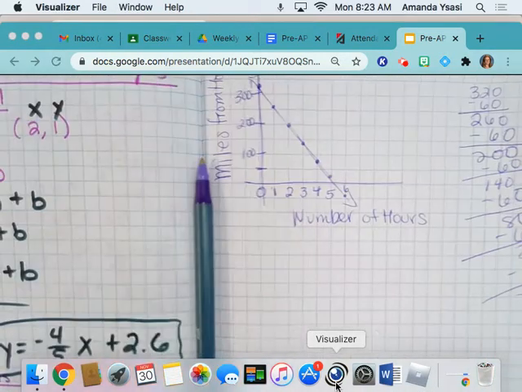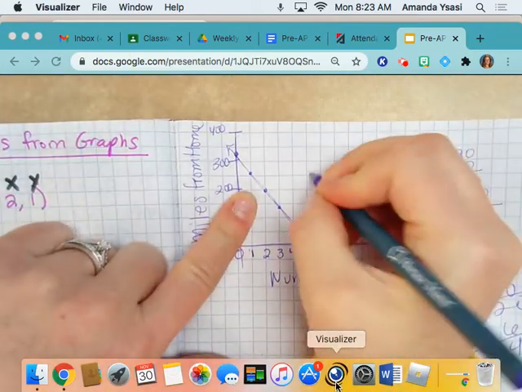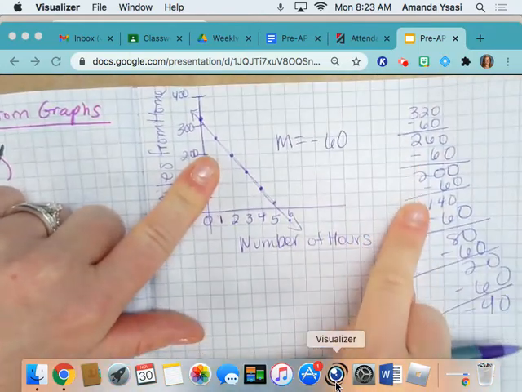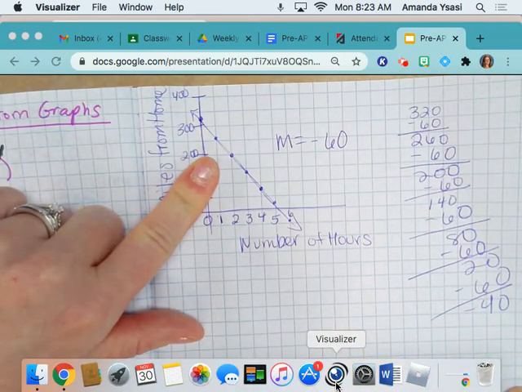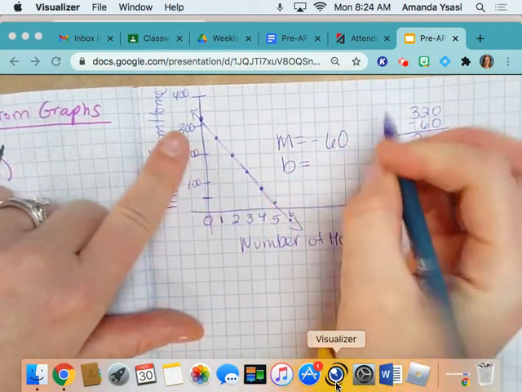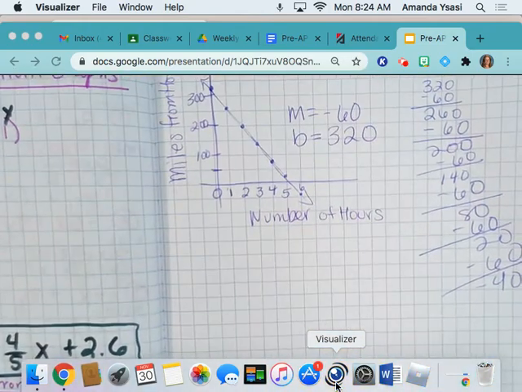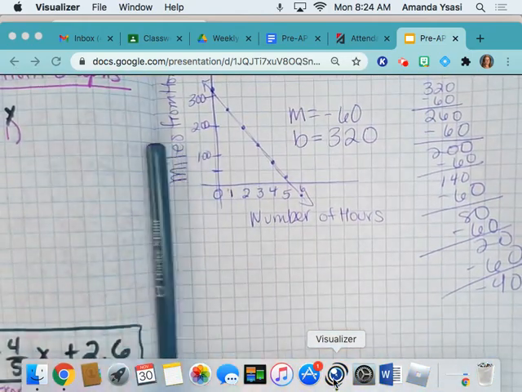And so that goes along with this, our rate being negative 60, because remember we are subtracting 60 every time. And then our B is 320. So it's y equals negative 60x plus 320.